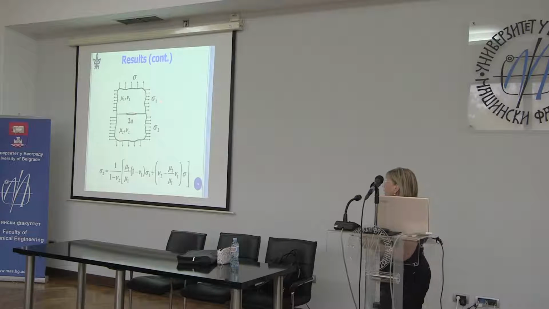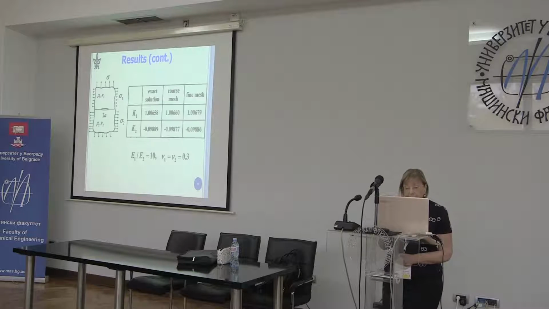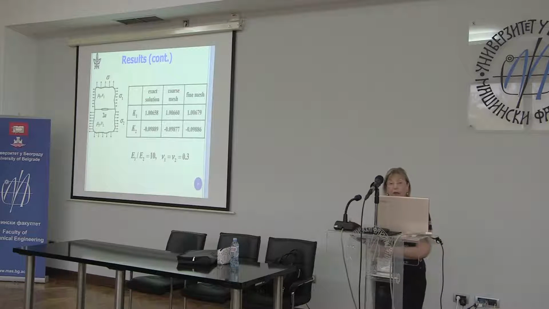And we applied sigma 1 and sigma 2. This time we have plane strain, so we choose sigma 1. We apply a specific sigma, the far field tensile stress, and we have a relationship between sigma 1, sigma, and sigma 2. So we choose sigma 1, and we calculate sigma 2, and we apply them. If you don't do that, your results will be off, and you can really see that your results are off.